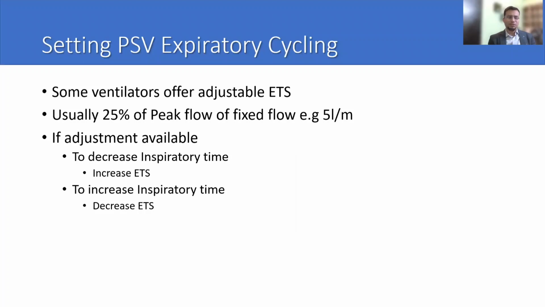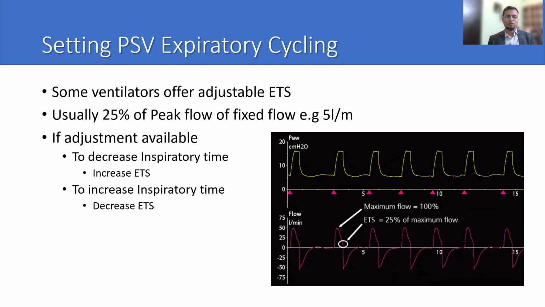That means that after a certain flow is reached, the flow will reach a maximum value and then start decreasing. So after a certain flow, when it is decreasing, the ventilator will cycle. That is a proportion of the peak flow. Usually it is set at 25%. So whenever 25% of the peak flow is reached, the ventilator will cycle off.